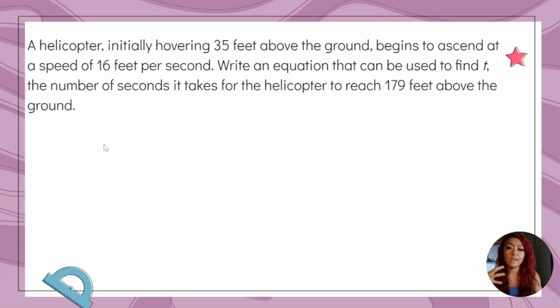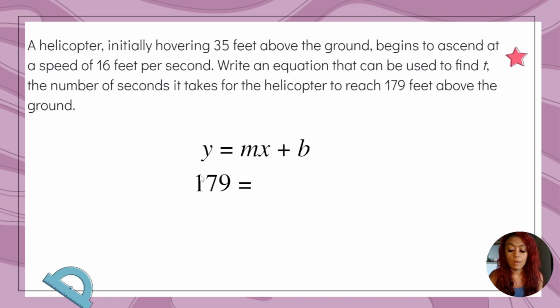So now let's take all of the work that we organized in the second read and use it to answer this question. So we're going to use our slope-intercept form here, y equals mx plus b. Recall that y is the total amount, m is your slope, and b is your y-intercept.